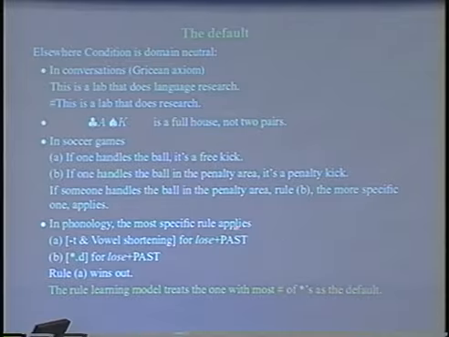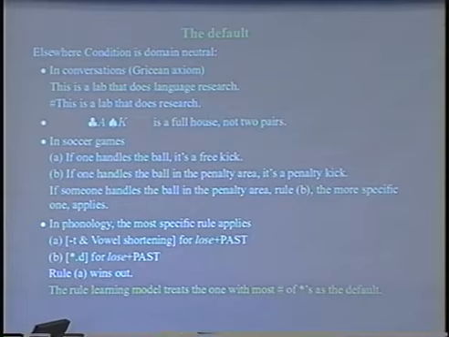So for lose and the past tense of lose, there's a particular rule that says you add T and shorten the vowel, which is more specific than add D, which applies to all verbs. So rule A wins out. And certainly in the learning model, the default rule is the one that contains more stars than others.